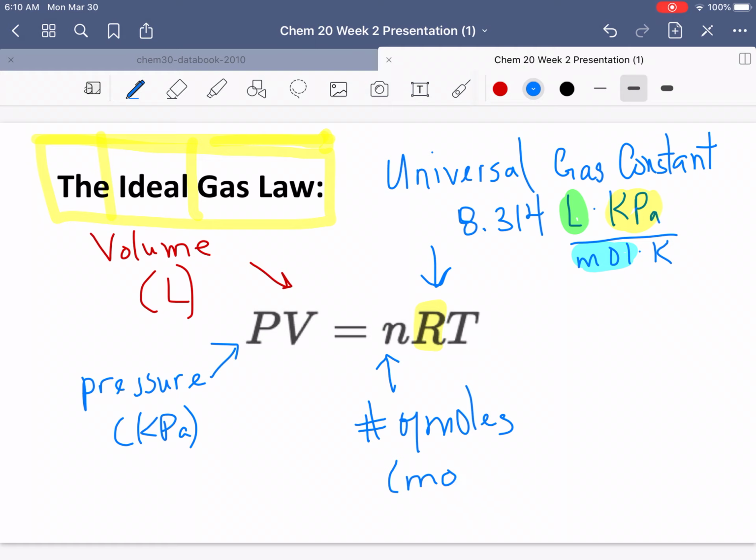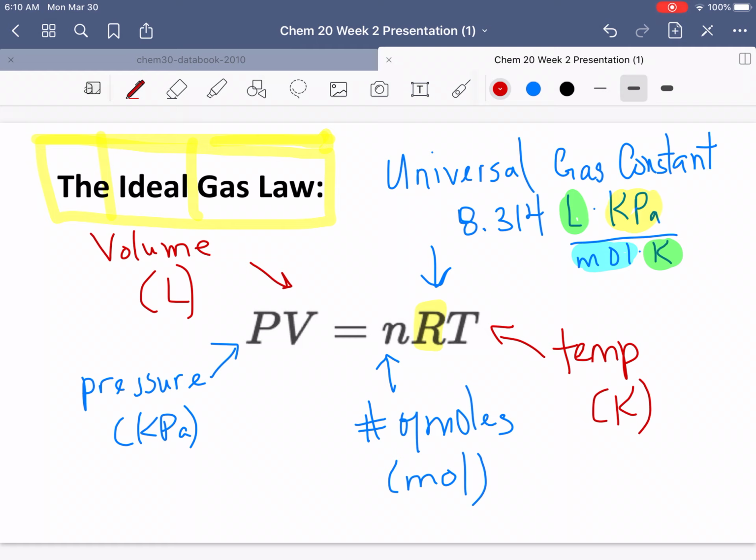Temperature, I have said this before, I will say it again. Temperature absolutely has to be in, no exception, Kelvin. That's why the practice you put in before is a good one. You're going to have to convert anything in degrees Celsius into the Kelvin scale.